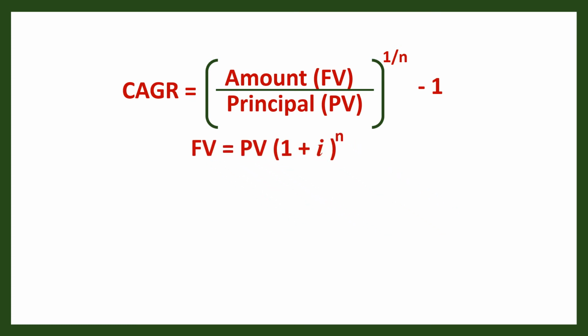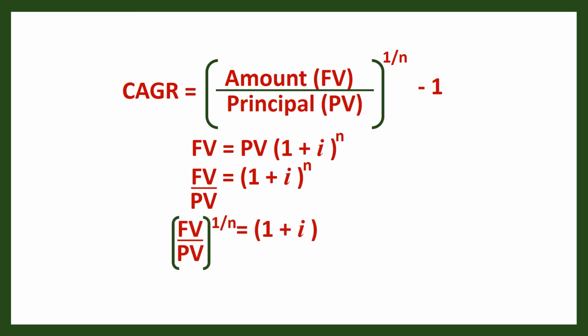When this present value is taken to the left hand side, it becomes the denominator of the future value. And then when the n is taken to the left hand side, it becomes 1 by n. That is, (FV divided by PV) whole raised to 1 by n.